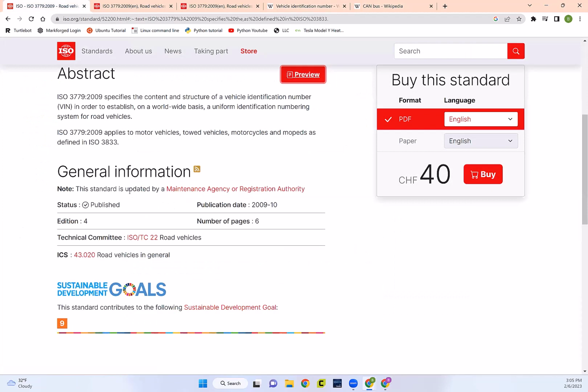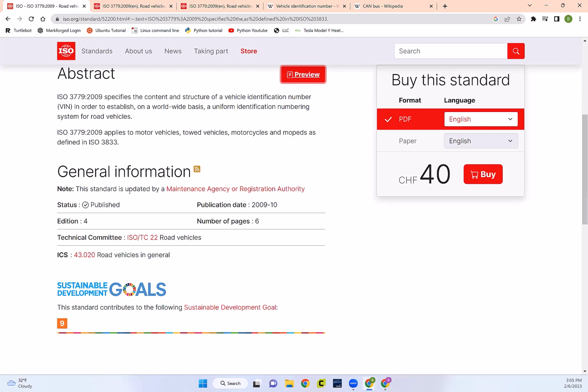I was in San Jose during the summer. They had an ADAS, Advanced Driver Assistance System, convention. And it was interesting to me that a lot of the manufacturers there were saying that, yes, ISO is where they need to be, giving us all the information and standardization and requirements for vehicles with ADAS.